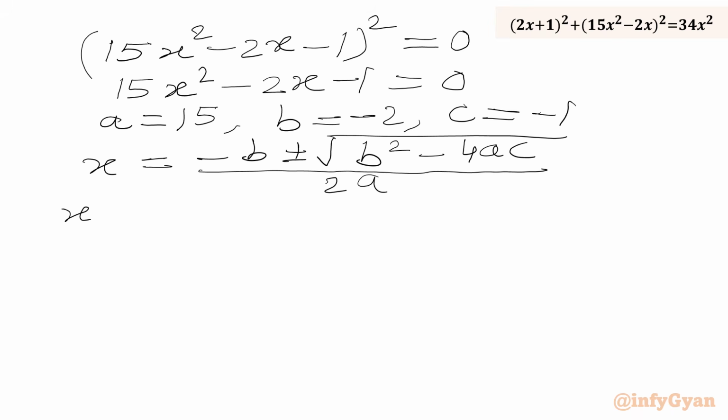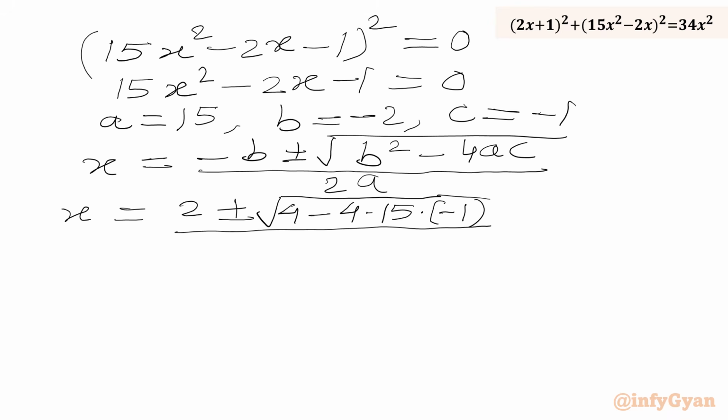So we will get x equal to minus b. So minus of minus 2, we'll write 2 plus minus square root of minus 2 square is 4, minus 4 times a is 15, c is minus 1. And in denominator 2 times a.